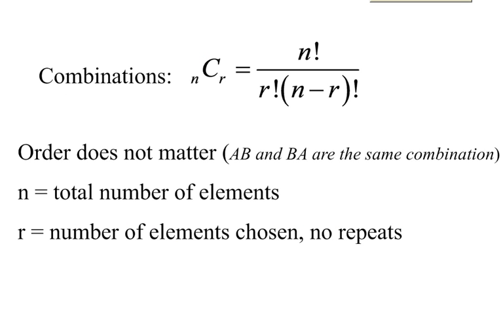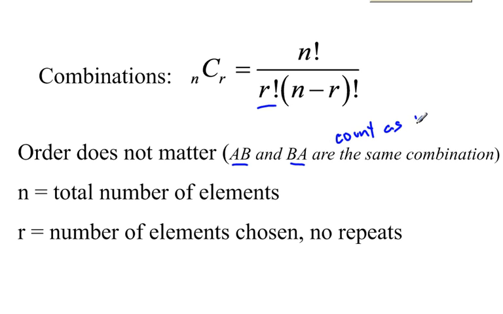All right, so now we have combinations, and that's going to be new today. In combinations, our formula has one more thing in it, and that's this r factorial that we're dividing by. So let's explore why that's the case. Now the thing is, in combinations, order does not matter. So AB and BA are the same combination, so they count as one case.